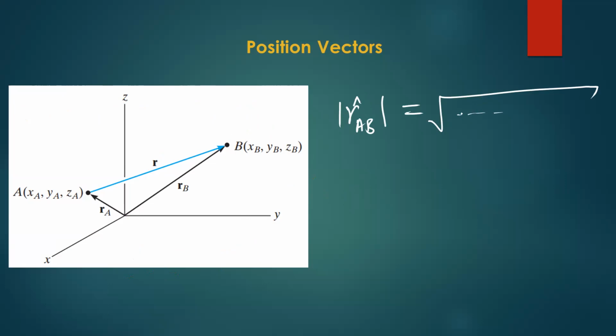Whatever you get is what you put there. And then to find the unit vector, you simply have to divide the resultant vector that you found by its magnitude.